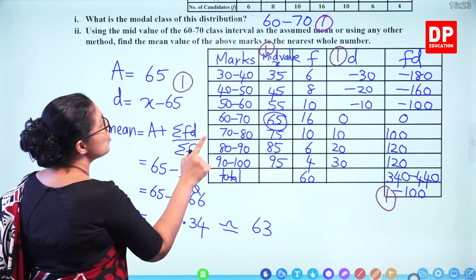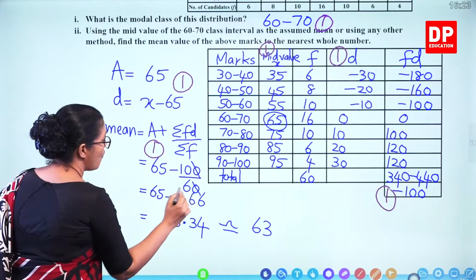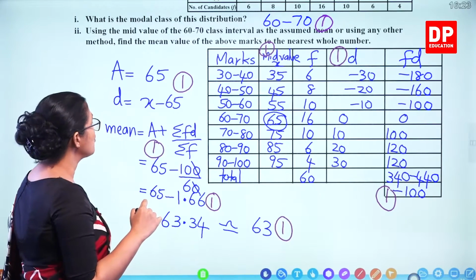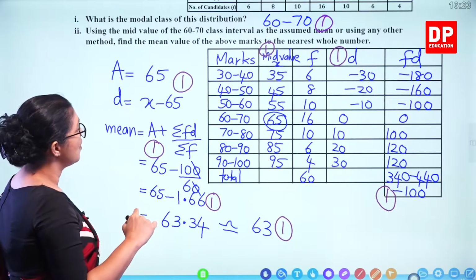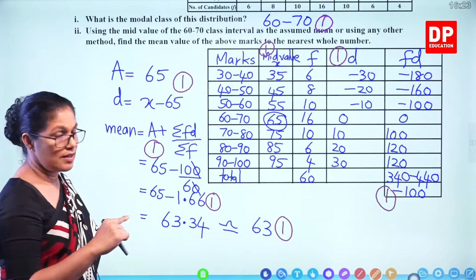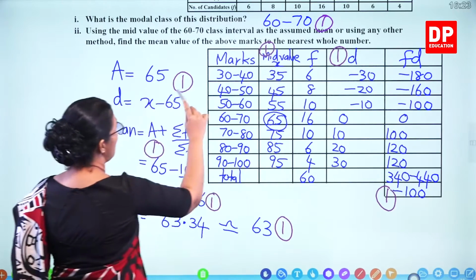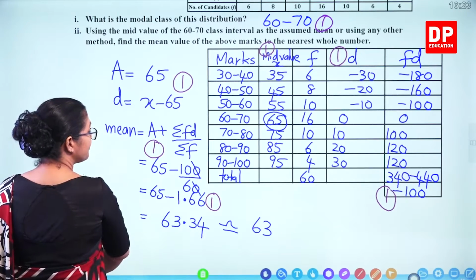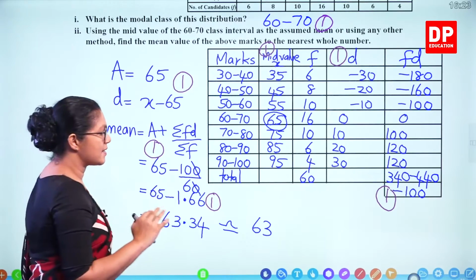So 1, 2, 3, 4, 5 and 6 for rounding. Did I give more marks? 1, 2, 3, 4, 5, 6, 7, 8. So 1 mark extra. So 7 altogether, these 2 parts.